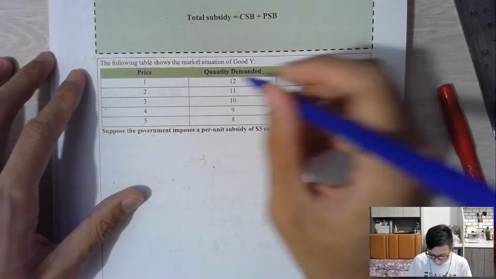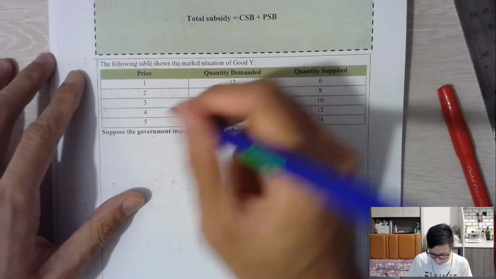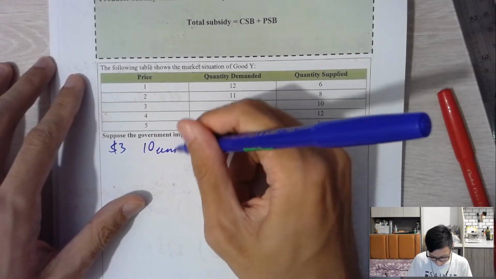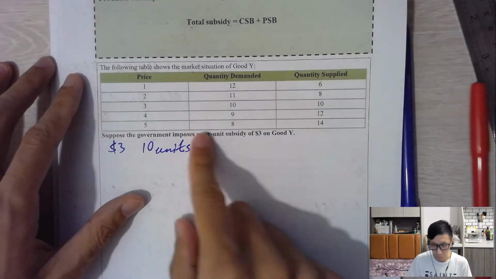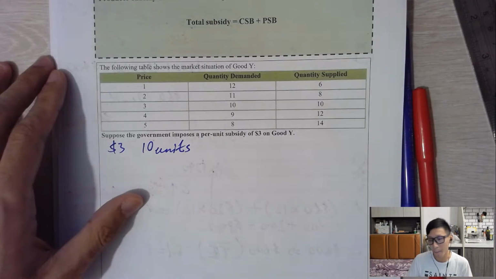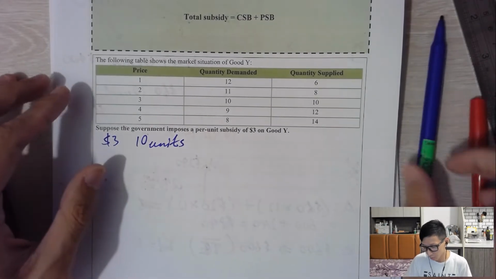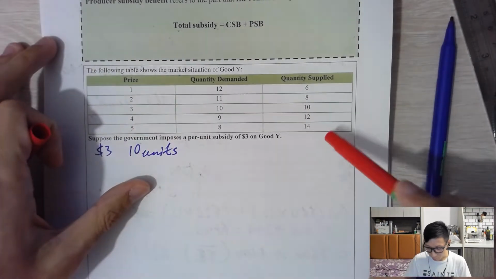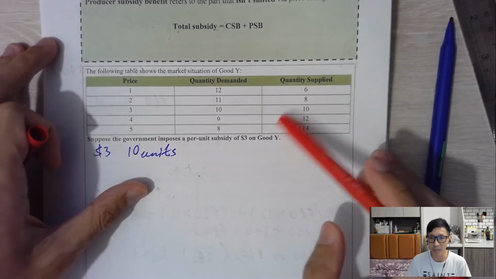So let's try this as a table. Here again, the price is originally $3, 10 units, which everyone is familiar with by now. Now suppose there is a $3 per unit subsidy. So let's try to amend the table. Originally $5 I'm making 14 units.